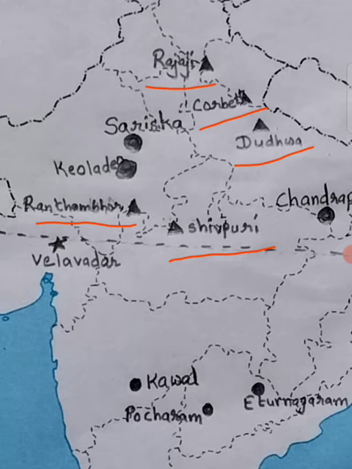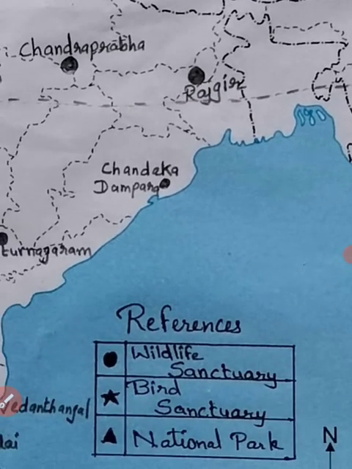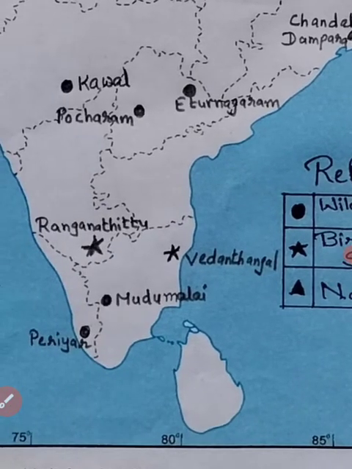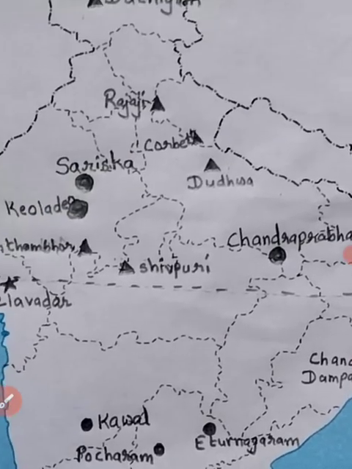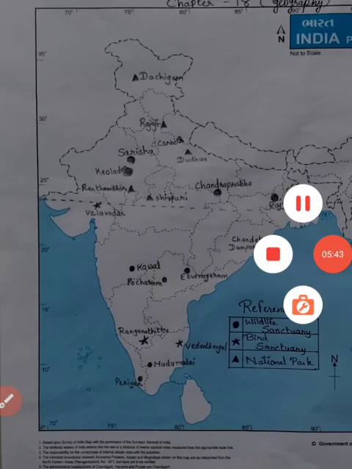So in the upper part there are 6 national parks that you can find out. Okay, so these are the 6 national parks.